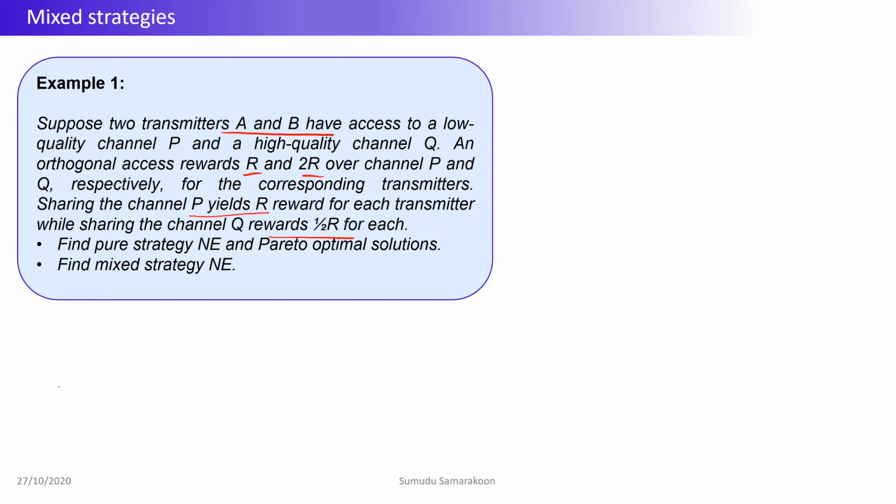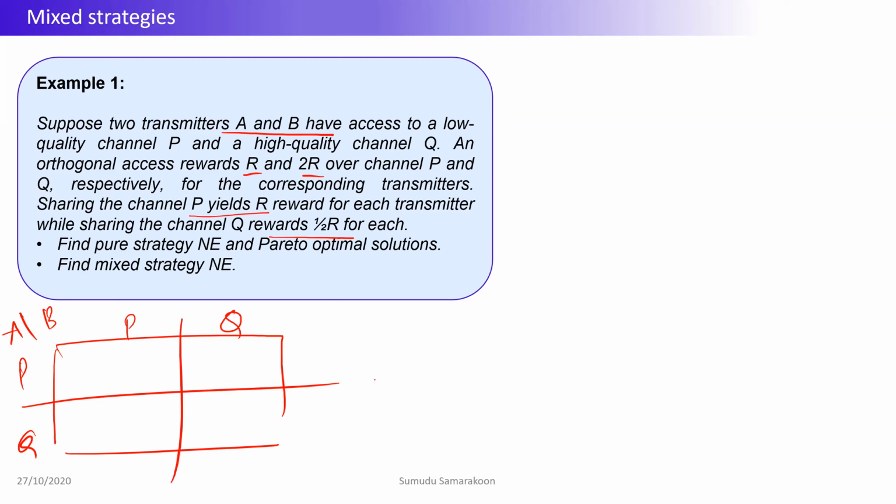If you go for the tabular form, say we have transmitters A and B accessing P and Q. Now if you consider orthogonal access, the reward over P is R, so whoever accesses P gets R and whoever accesses Q gets 2R. Then when sharing, channel P yields a reward of R by 2 and channel Q yields a reward R by 2.